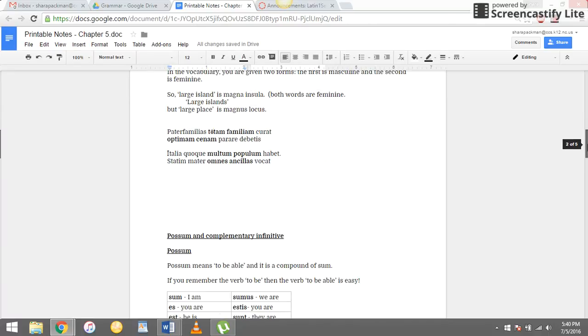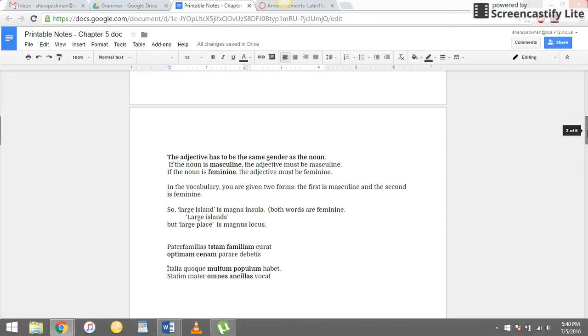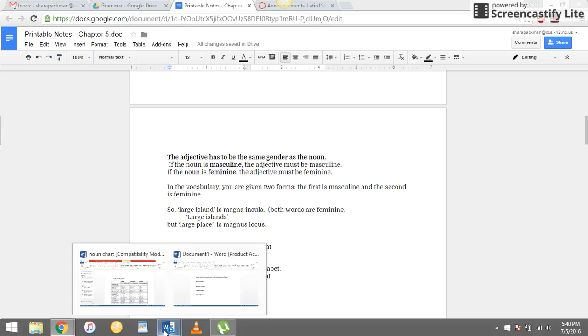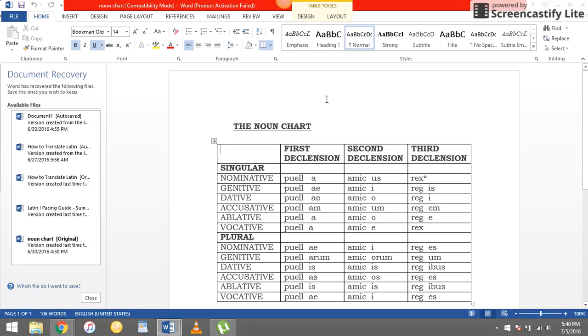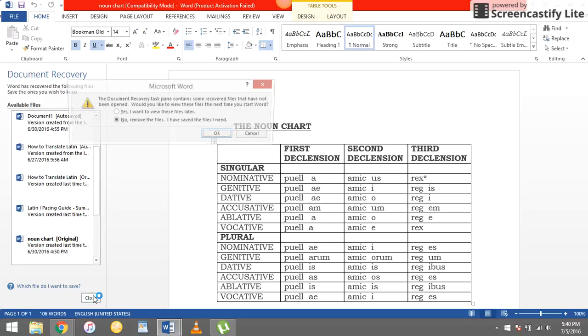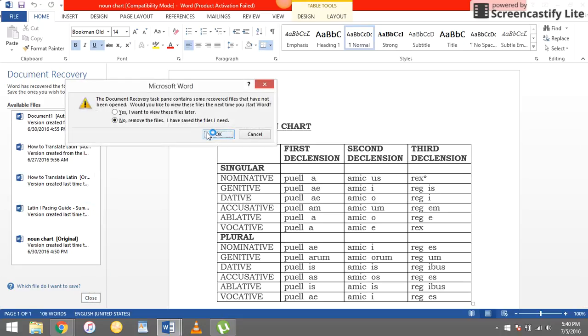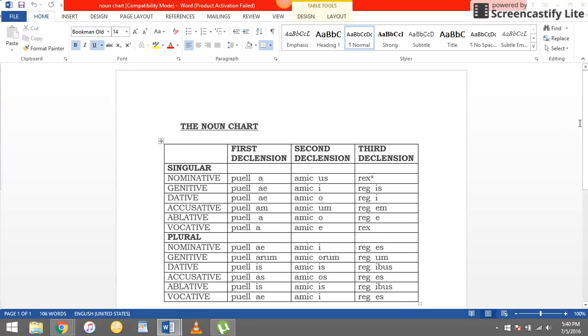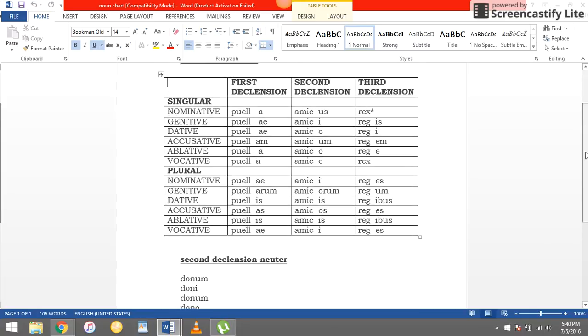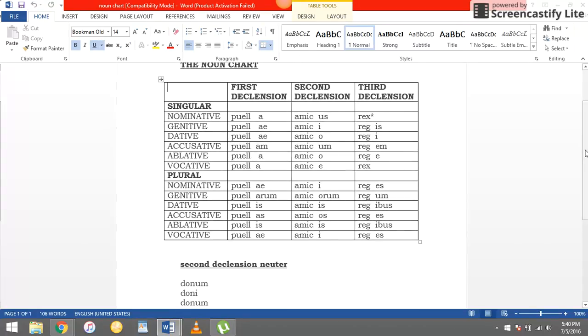So what I'm going to do is show you how to modify a noun with an adjective. You need 2 things for that. Well, actually, you only need 1. You need this noun chart right here. I've sent you the noun chart. Hopefully you've seen it, you're using it. There are lots of kinds of adjectives. 2 main kinds: first and second declension adjectives, that's one kind, and third declension adjectives.